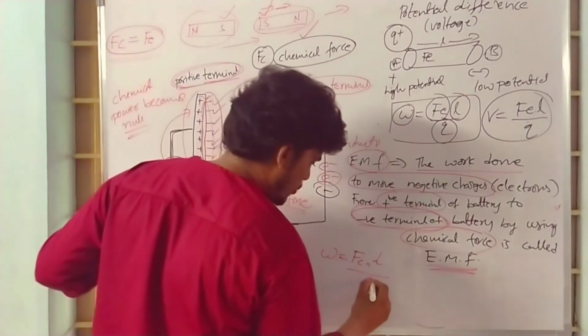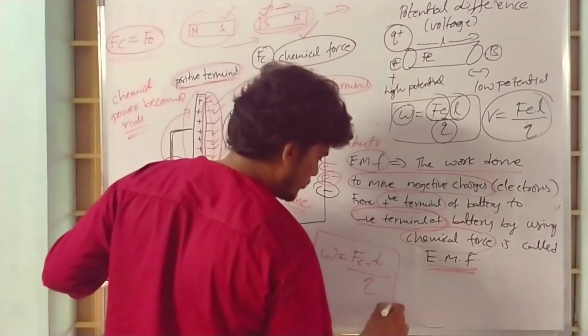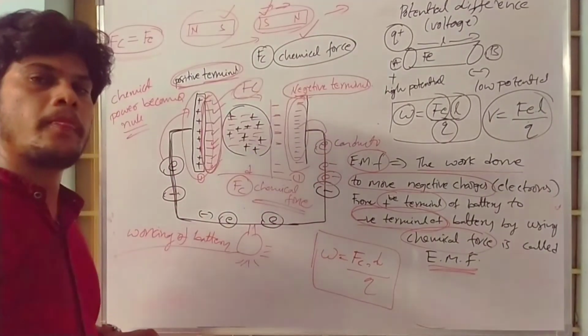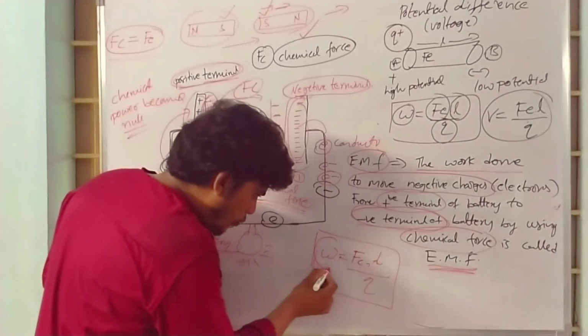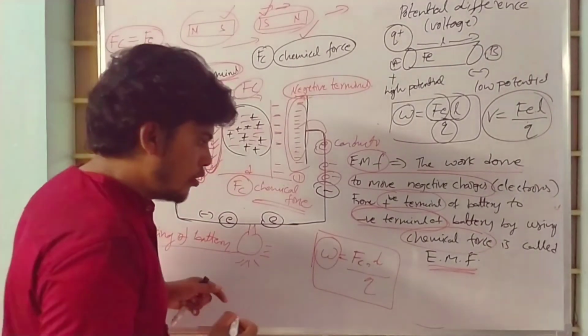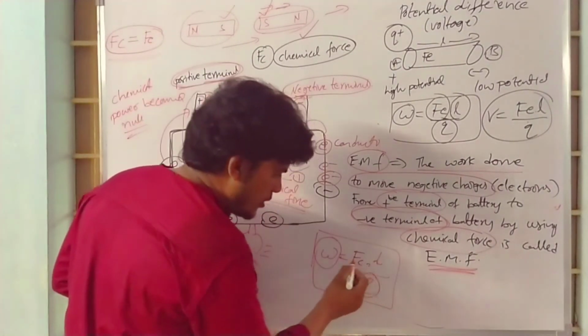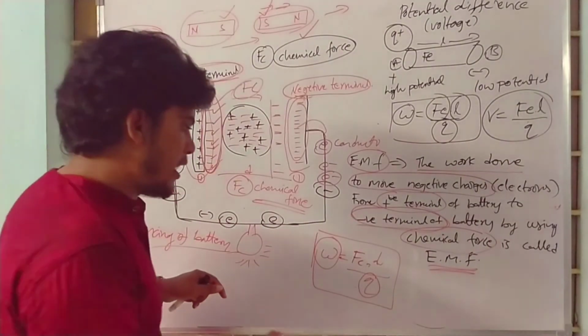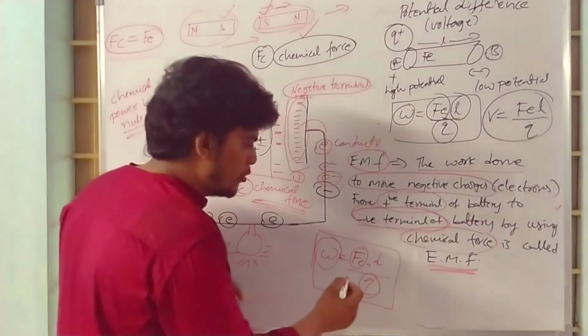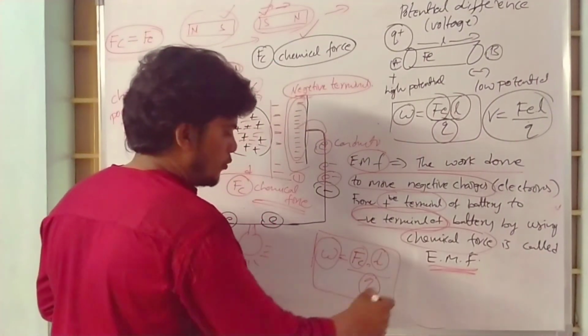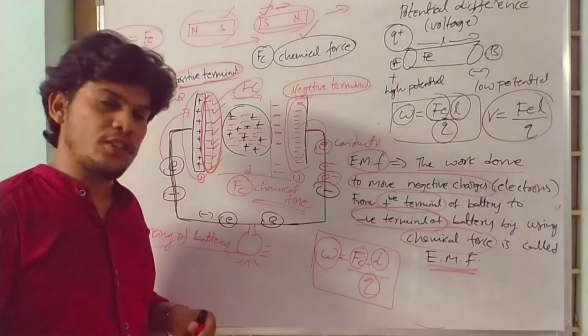We moved charge Q. Electromotive force, by definition, is the work done to move electrons, meaning charges, by applying force Fc. It moves d distance, so this work is nothing but electromotive force.